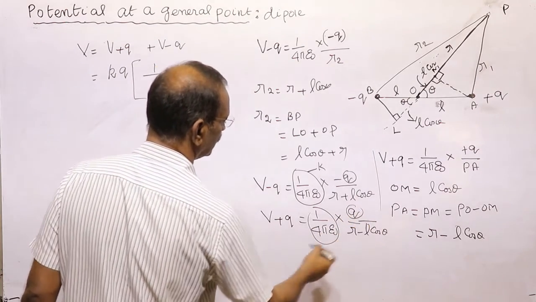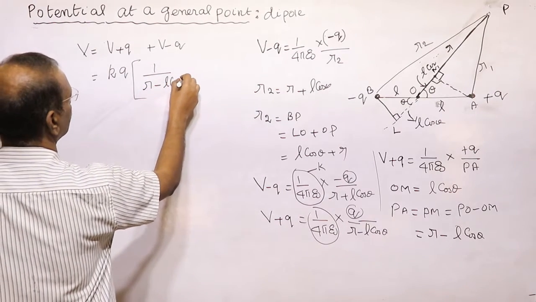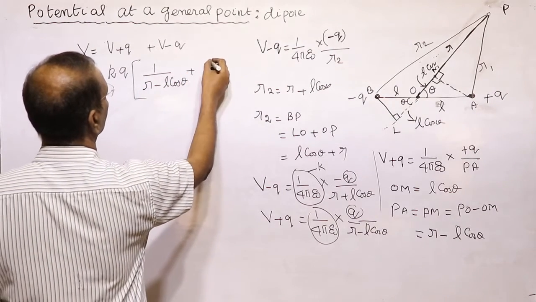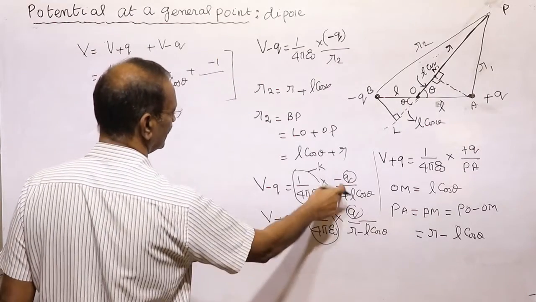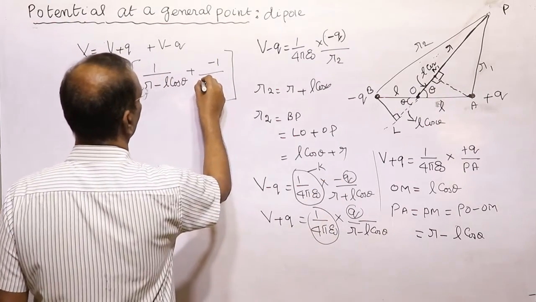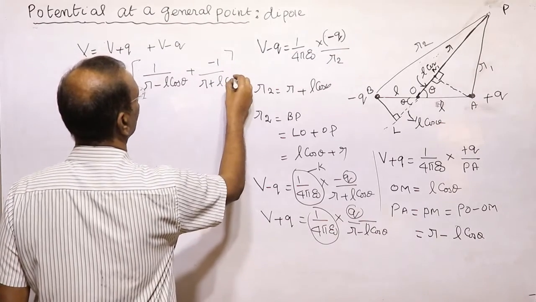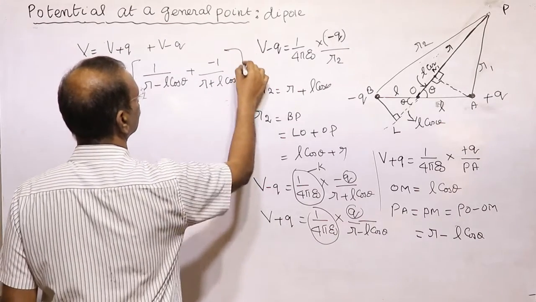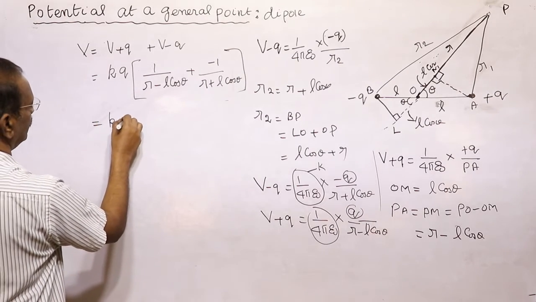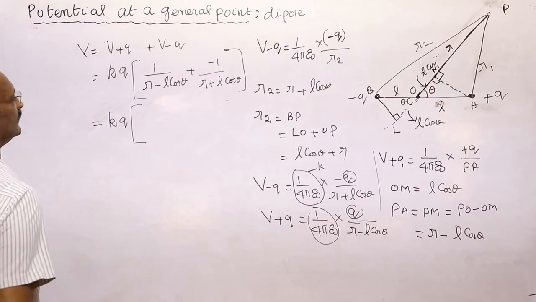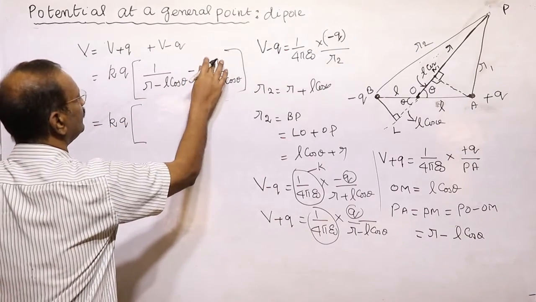Left out is 1 by R minus L cos theta, minus 1 divided by R plus L cos theta. So which is equal to K into Q. This is negative, this positive and negative will become negative.